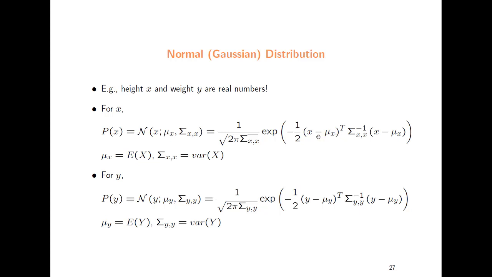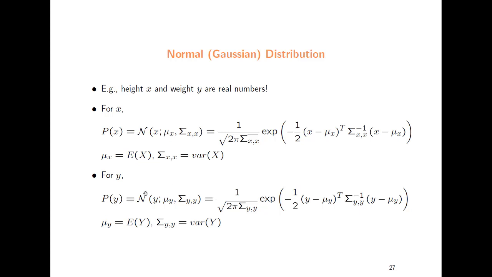In this case it's just one number, so we don't have to take the transposed. Again, this is just one number because it's just the variance, so 1 over the variance times x minus mu. If we are talking about vectors, then this would be the transposed. But now everything is one-dimensional, so this matrix is just this one number, and we don't need the transposed.